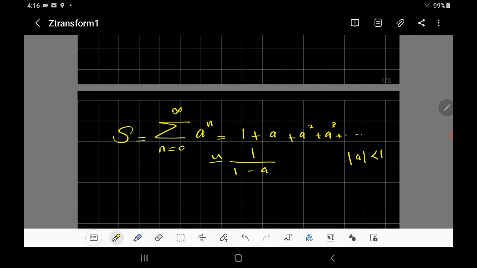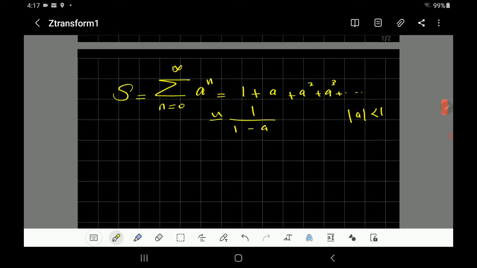That's one. There are many. I put them in the handout, and let me give you another one. If you have the summation from n equals 0 not to infinity, but up to some number n minus 1 for geometric series, that will be equal to 1 minus a power n divided by 1 minus a.